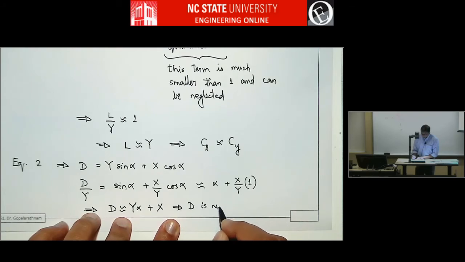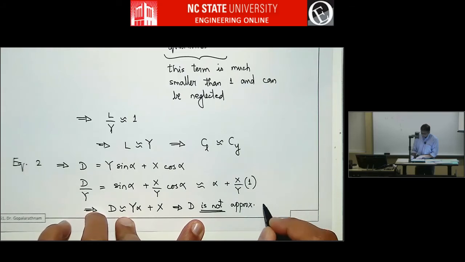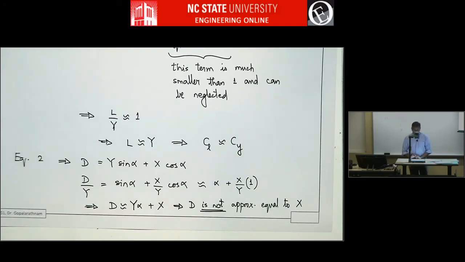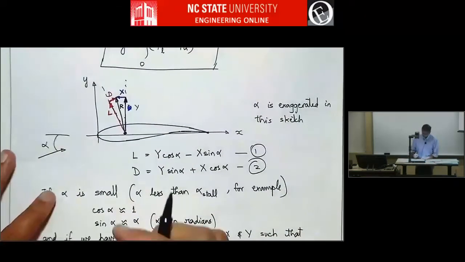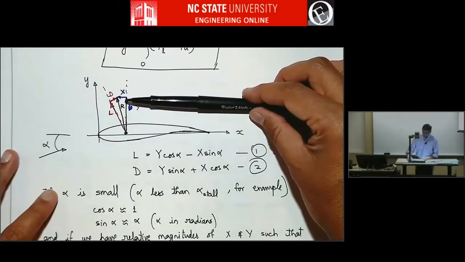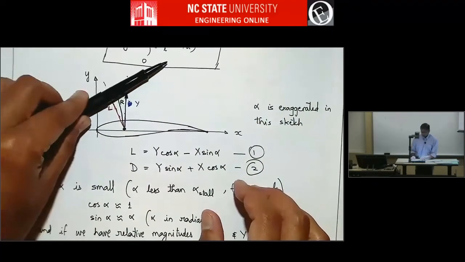In fact d can be the opposite sign compared to x, and we can show this even with this diagram. If you go back to this diagram, you can see in this situation x is negative because it points this way, but d is always positive, d is this way.